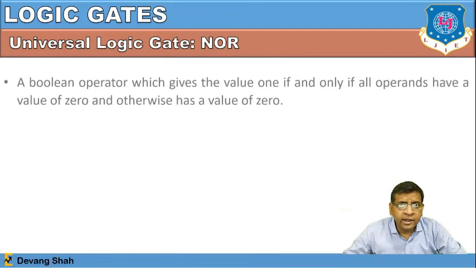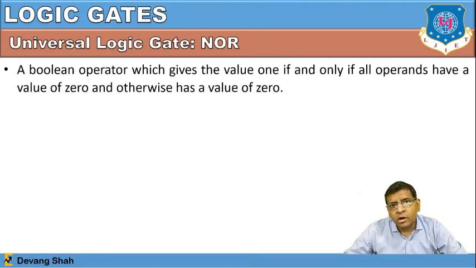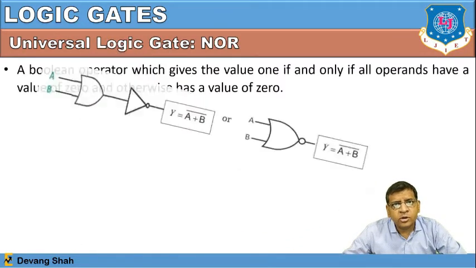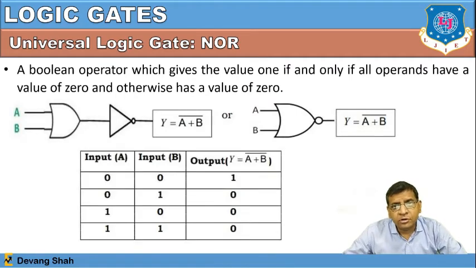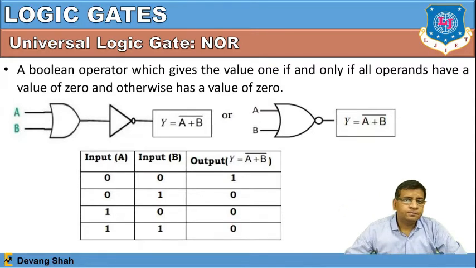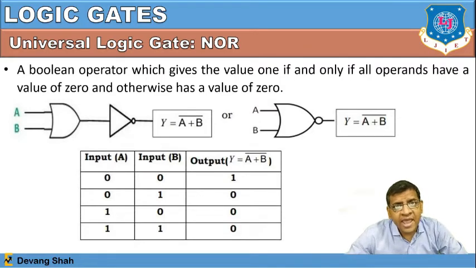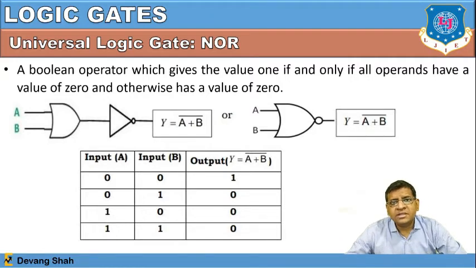Now similarly, if you consider the NOR gate, the NOR gate is nothing but the OR plus NOT. So it is A plus B, and then you have to apply the NOT. So it is A plus B whole bar, right? That's the Boolean function of the NOR gate, where you can see there are two inputs A and B. If you consider this particular truth table for the NOR gate, input A and input B are both 0 and 0.